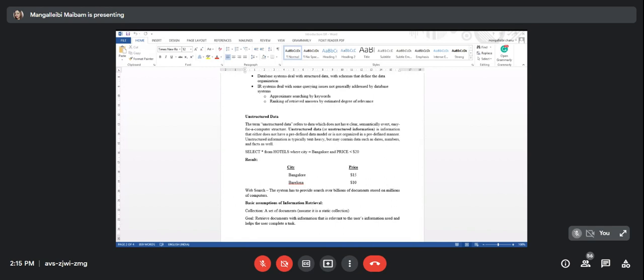Here it says we are going to search the hotels in the city of Bangalore, and the price for the hotel should be less than $20.